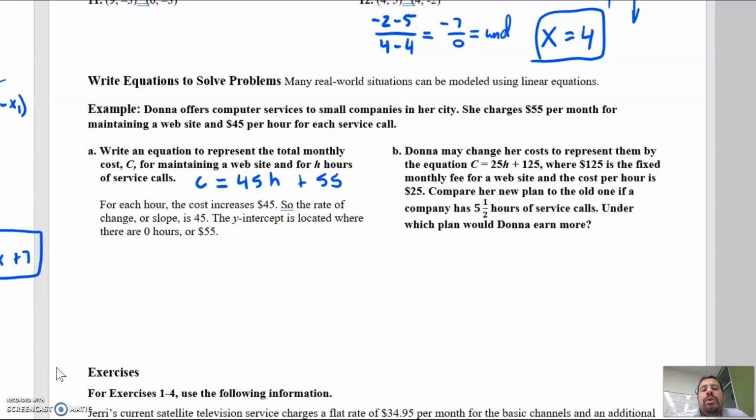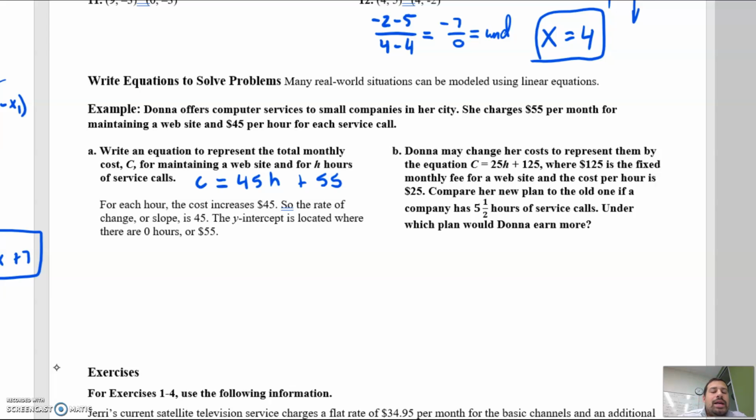So what I did is I put my monthly fee at the end, 55, because this is representing just 1 month, right? And then my hourly fee is going to be dependent on how many hours. I know it's 45 per hour, but depending on how many hours is going to affect my cost, and my cost is C. So there's my equation, okay?